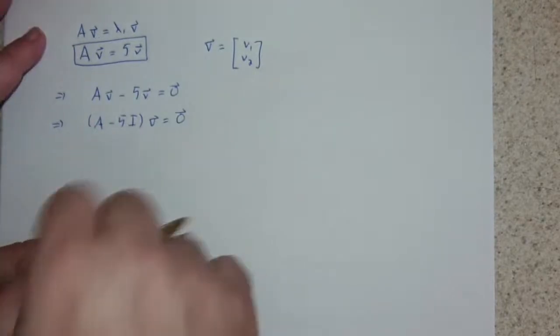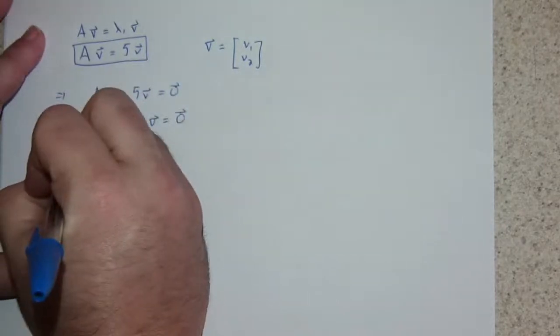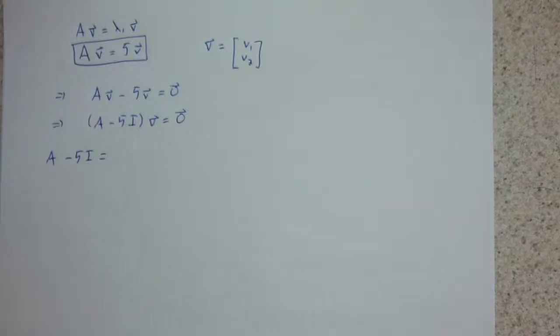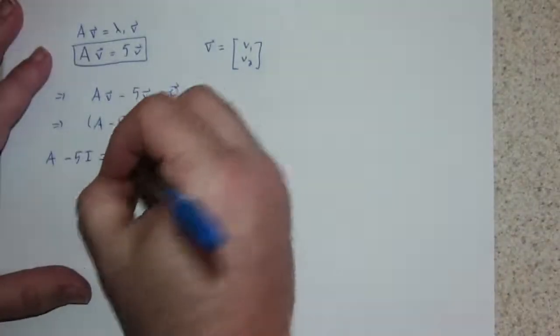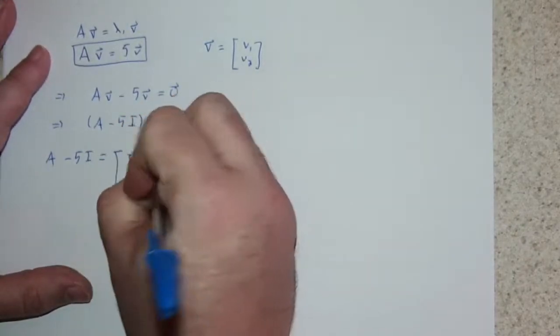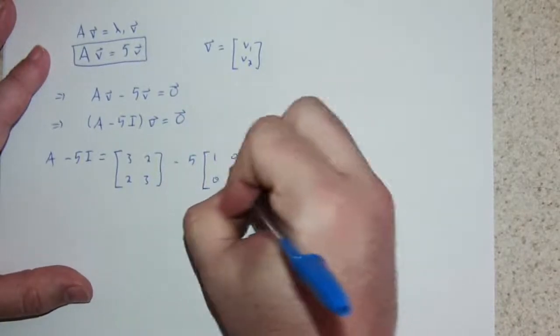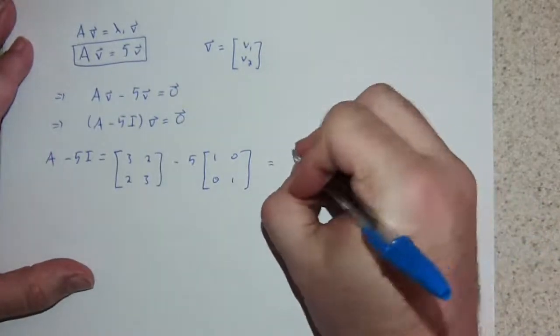Well, what is A minus 5I? The matrix A is 3, 2, 2, 3, minus 5 times the identity matrix 1, 0, 0, 1. So what is this matrix?